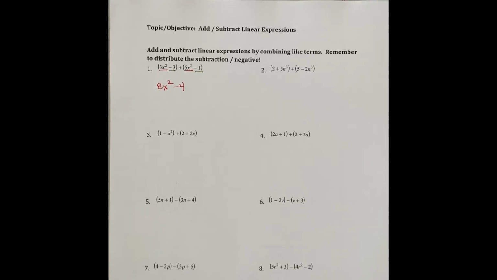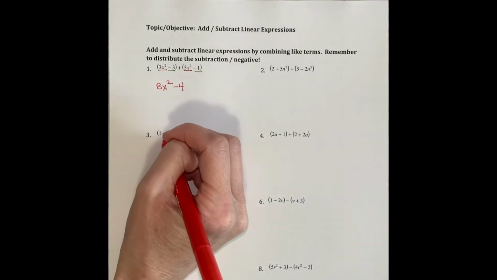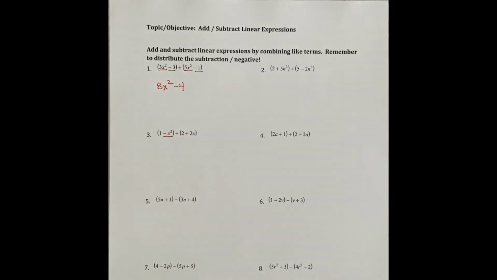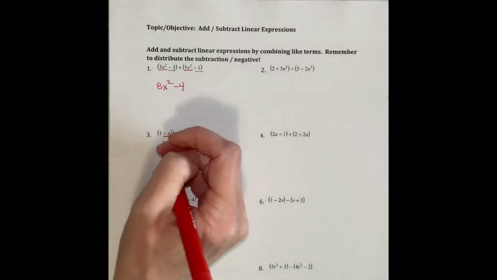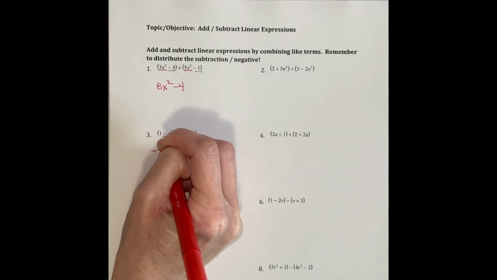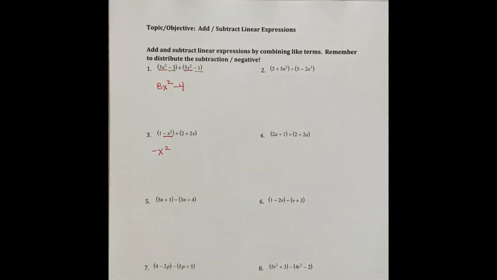Let's look at number 3. 1 minus x squared plus 2 plus 2x. So when I see that I have an exponent term, I always look to see if there are any others. And it looks like the only one I have is negative x squared. Then I'm going to look for any x terms.